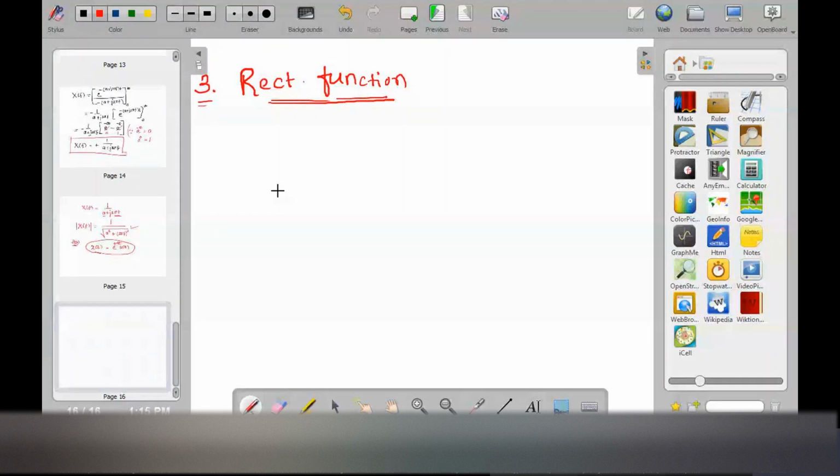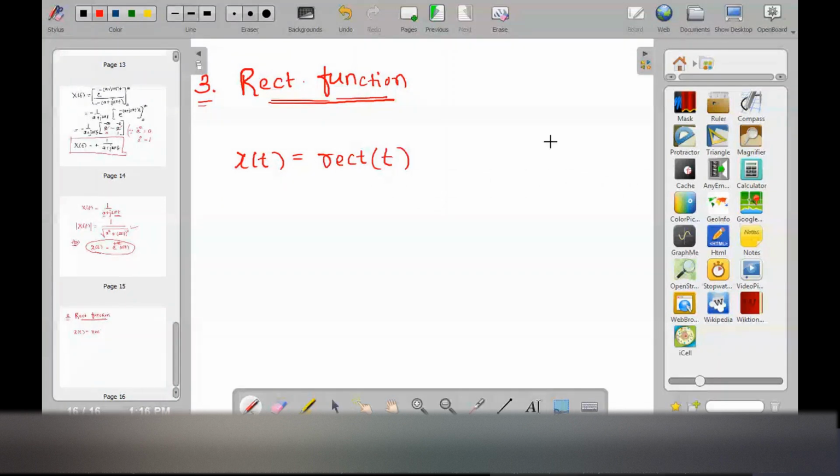What is the rect function or rectangular function? Has anybody seen or studied it, or calculated the Fourier transform of this? Can any one of you tell me what is x of t for the rect function? x of t equals rect of t. Rect means rectangular function.